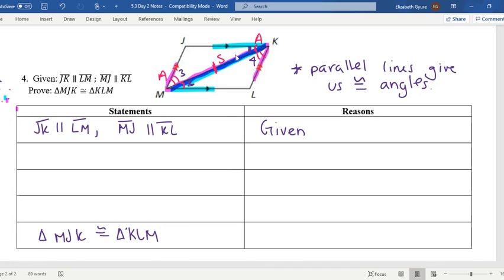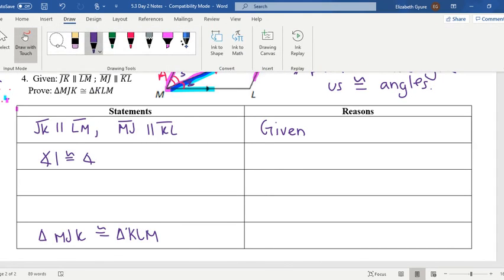First, we had our congruent alternate interior angles here from the top to the bottom. So we are going to say that angle 1 is congruent to angle 2.